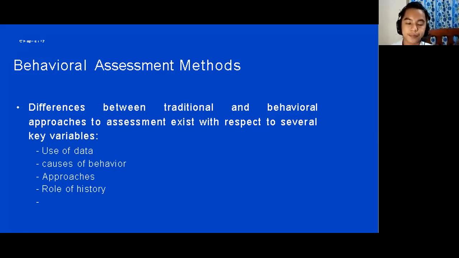While in the behavioral approach, they do not put great importance on the role of history, except if the assessment really needs a retrospective baseline. So these two approaches are way different from each other. It is very evident in the differences that I have discussed, but many psychologists prefer to use the behavioral assessment method.